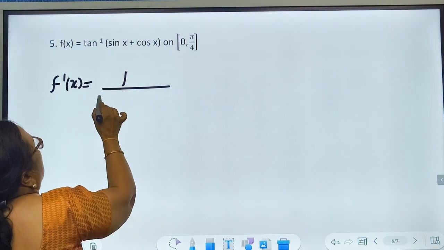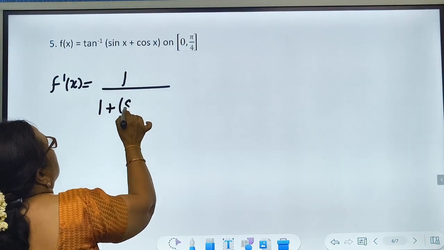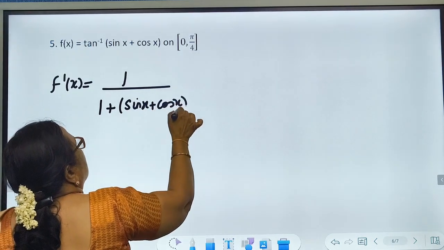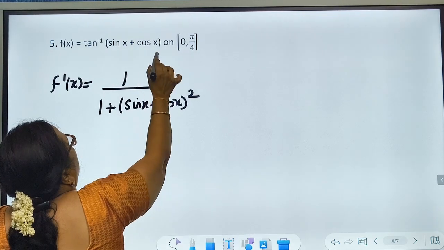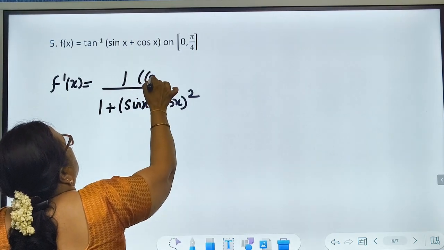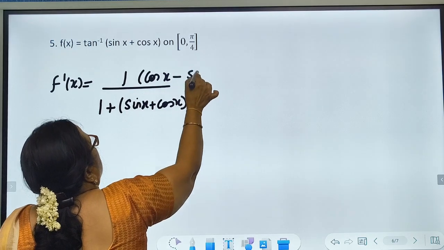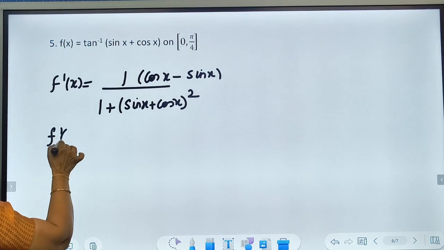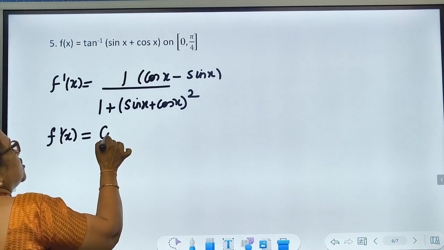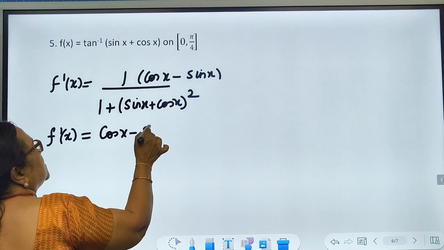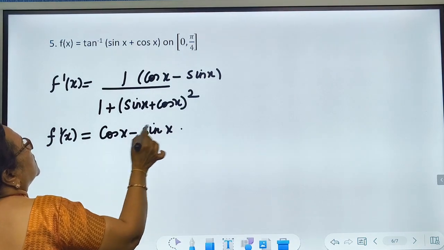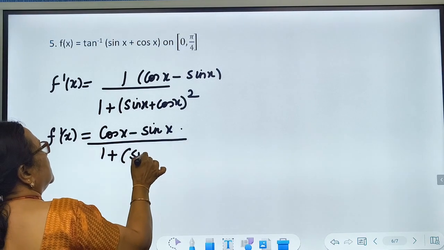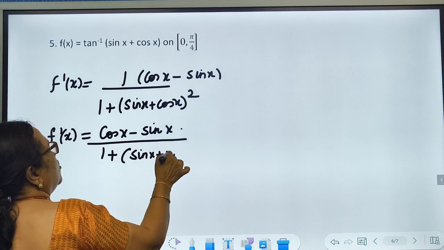Tan inverse of this, so 1 by 1 plus sin x plus cos x the whole square into the derivative of sin x plus cos x, which is cos x minus sin x. So f dash of x is cos x minus sin x by 1 plus sin x plus cos x the whole square.